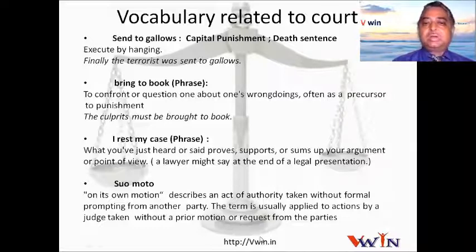So, for example, a court itself starts discussing a particular act or a new policy just because it thinks that it is of a larger public interest. So you can see the term is usually applied to actions by a judge taken without a prior motion or request from the parties. It means the judge himself takes up the matter because he or she thinks that it is in larger interest of the public or the nation.